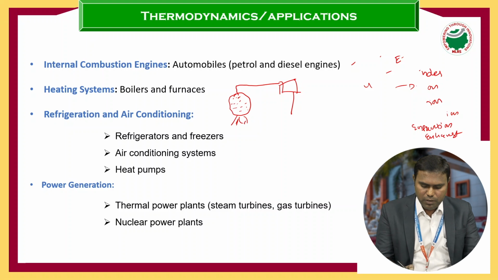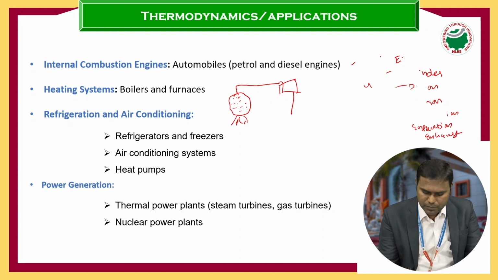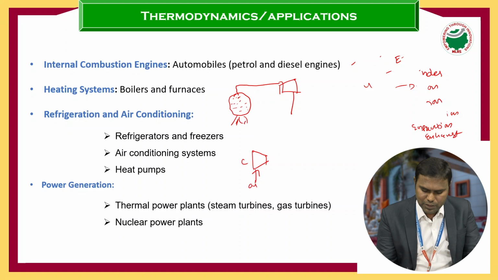And one more example, the gas turbine cycle. In a gas turbine cycle, this is a compressor, which is used to compress the air. Initially, we send air to the compressor and compress it.